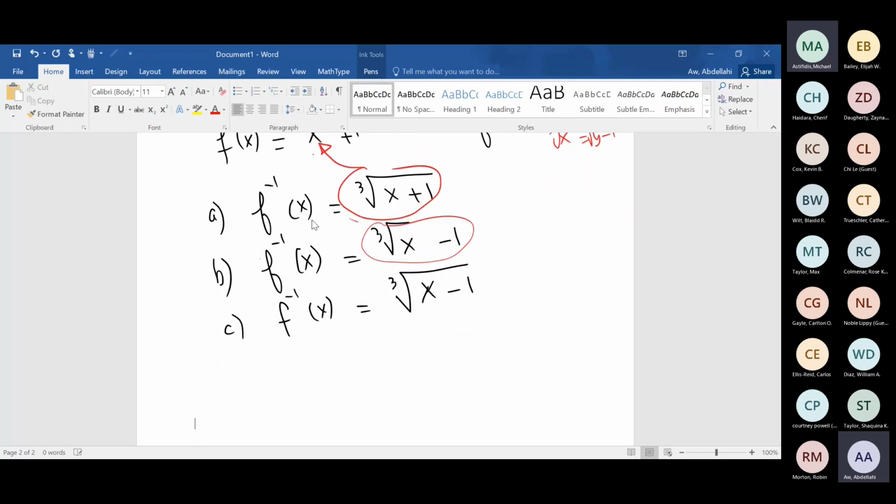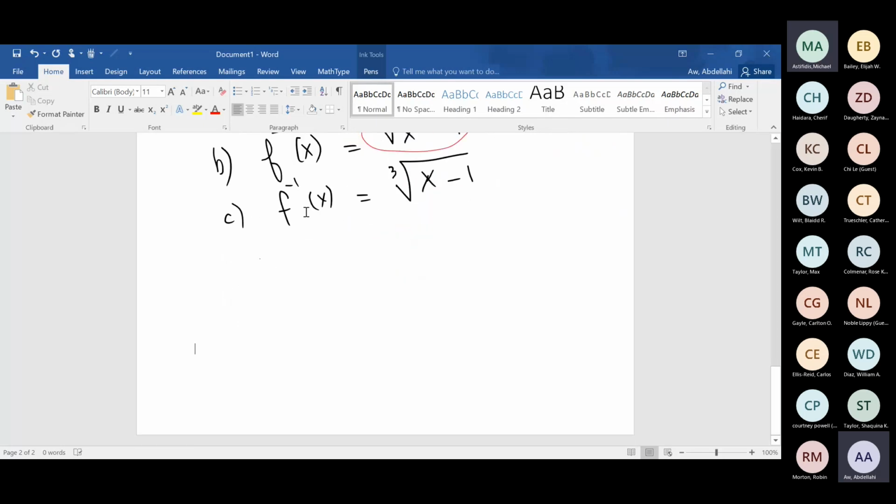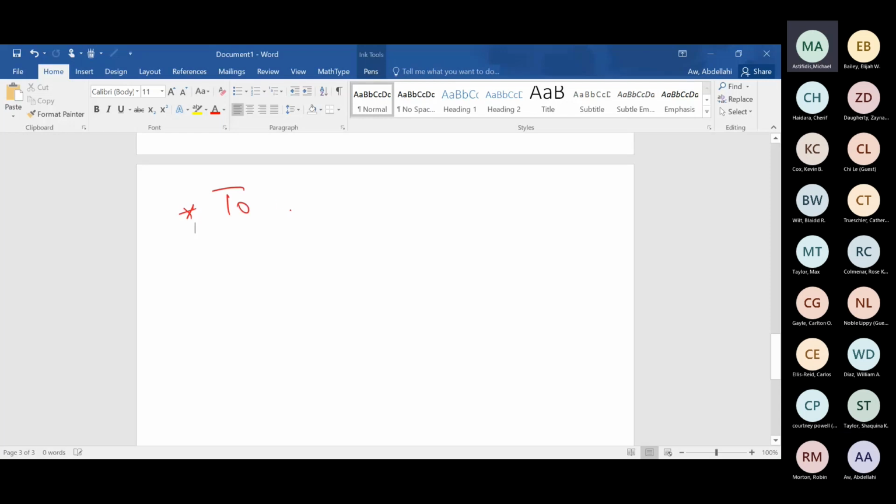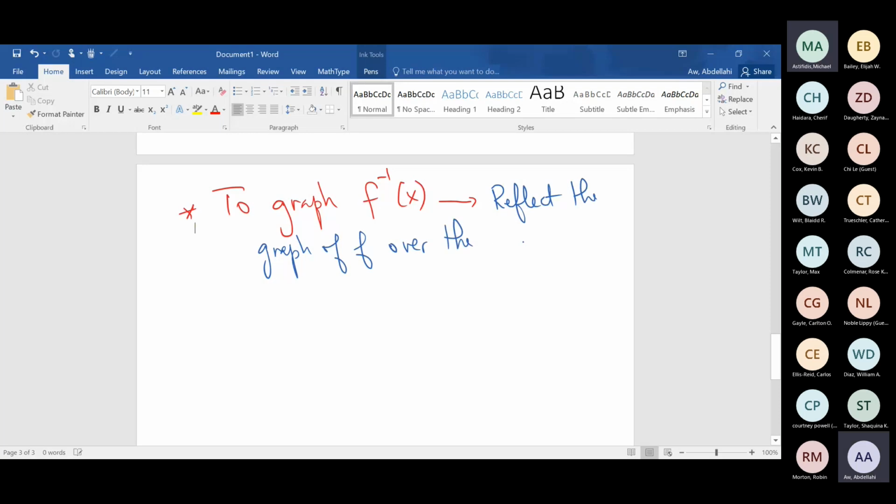So now, very, very lastly, and then we're going to open up chapter 3, is how to graph f minus 1 of x. To graph f minus 1 of x, what you do, we flip over, reflect the graph of f over the line y equals x.